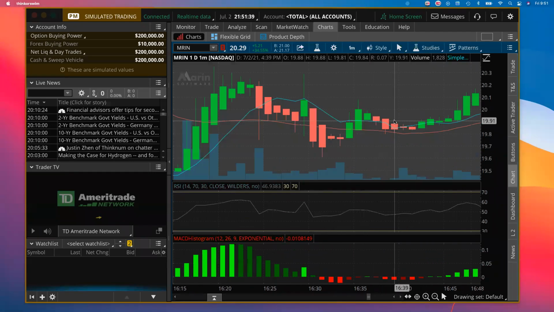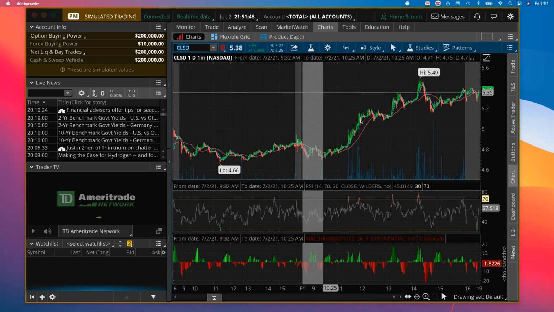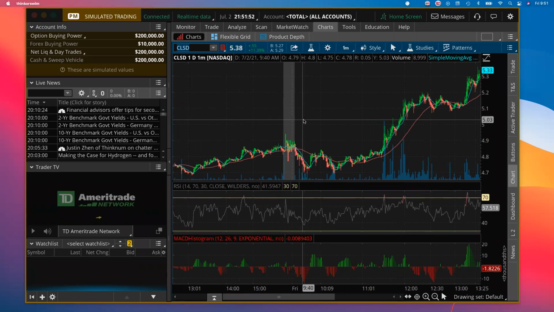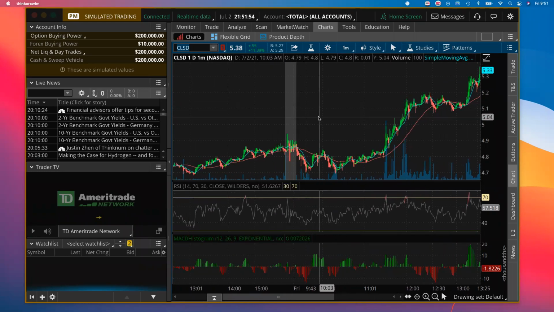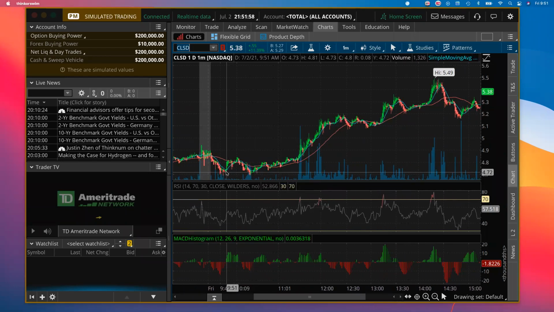Now, somebody said CLSD. Okay, so for today, CLSD looks like an all-day runner to me. I'm not going to tell you the price difference is huge, but over here you had a nice confirmation.